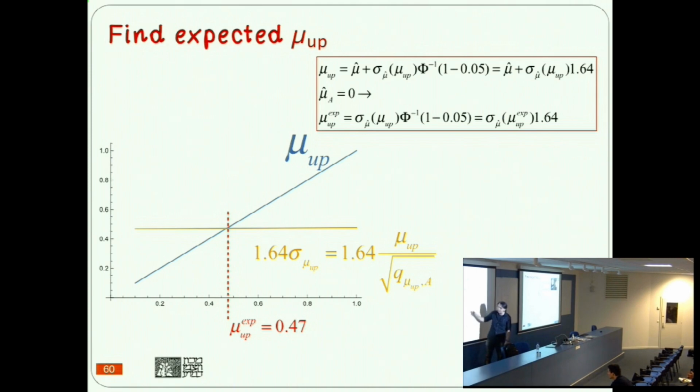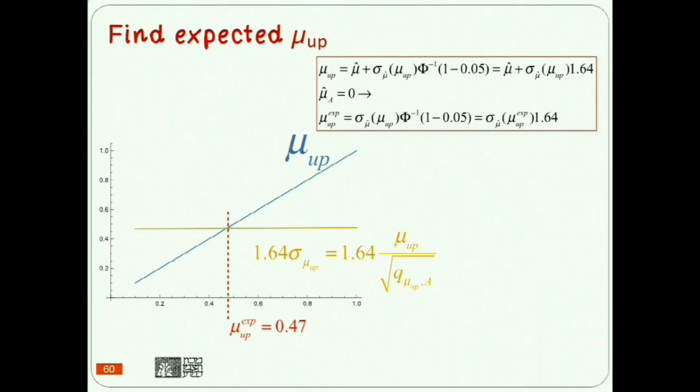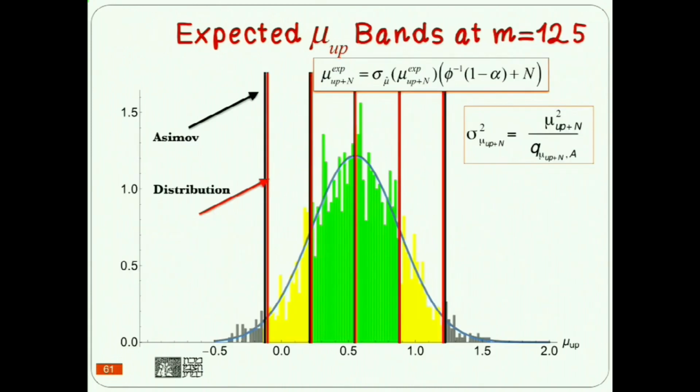This is the sigma as we derived before. It gives me this thing which hardly changes. It has a little bit of slope here. And when they coincide, this gives you your mu up, which is 0.47. That's the easiest way to solve it, not analytically, but by doing this.